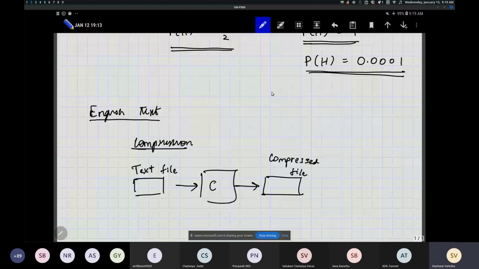But that is not enough. We also want to be able to recover the original text file using another algorithm, which we call a decompression algorithm.